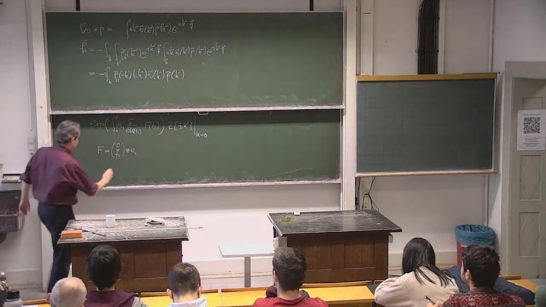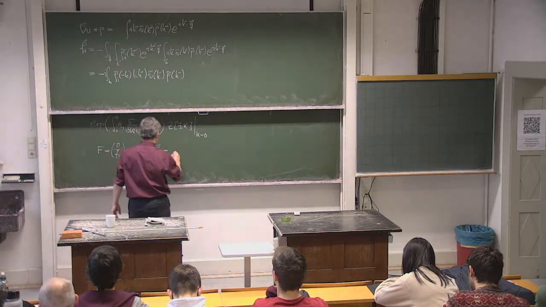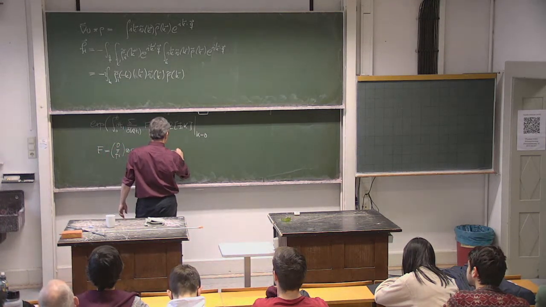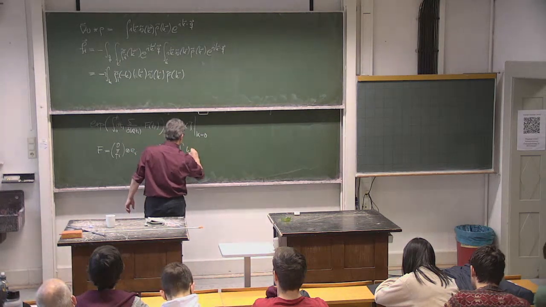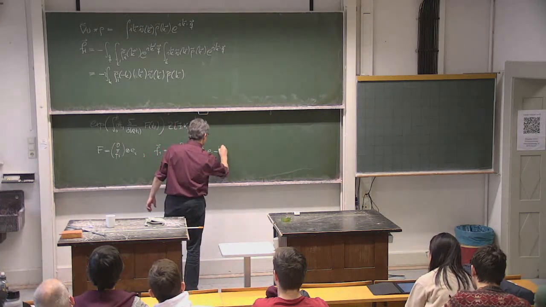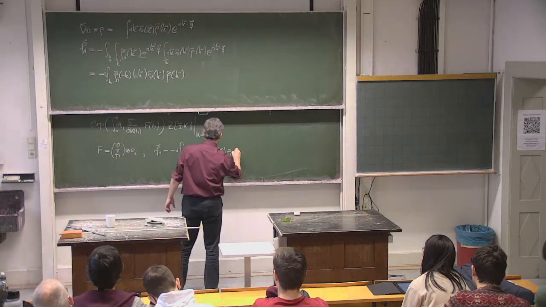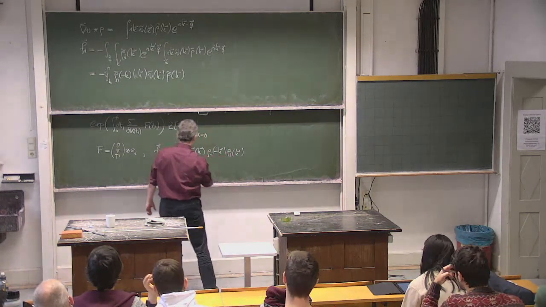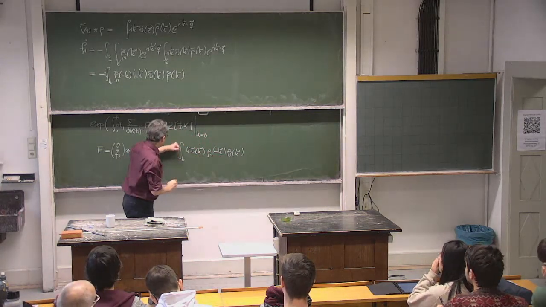We said we can write fi as minus I integral over k times v tilde of k, rho I of minus k, rho j of k. Now we have to sum over all j.